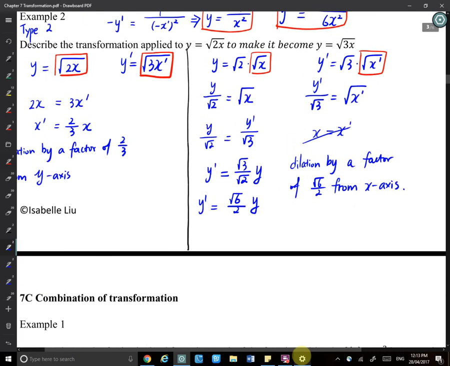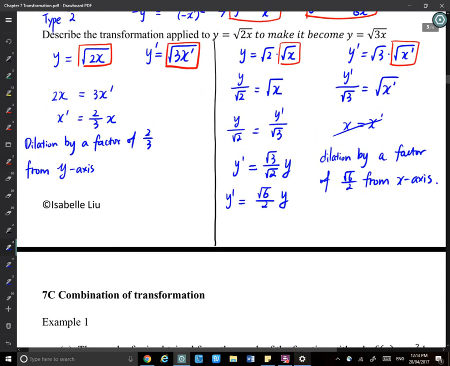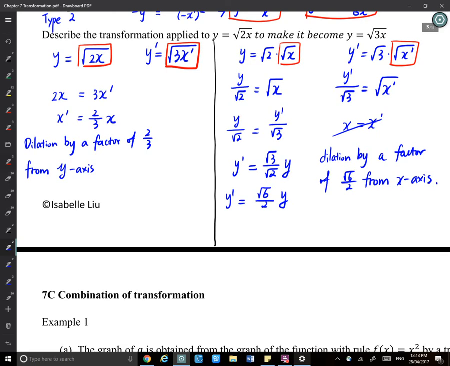I have two different dilations. Which one is correct? Both. Good. Both of them are correct. It depends on how you treat this 2 and 3. You think this root 2 is combined with your x, or you think this root 2 is combined with your y?